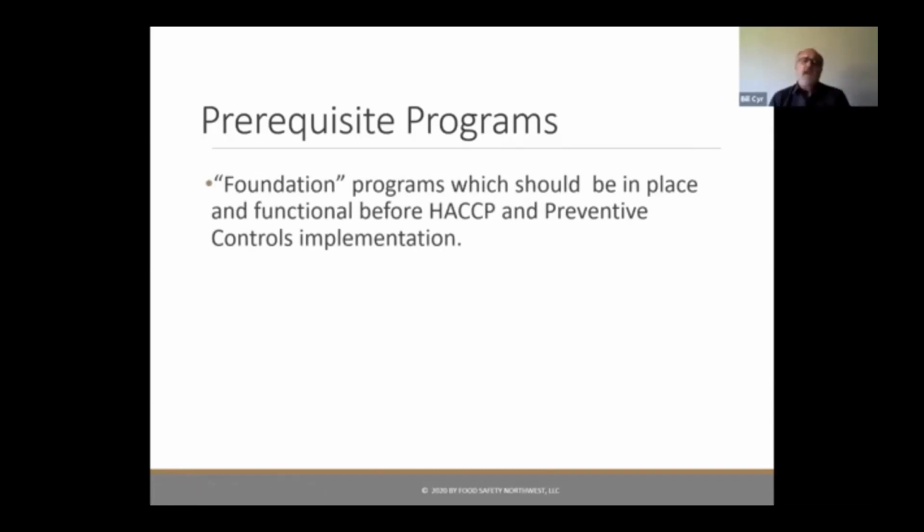So in any company, say for instance you're a primary extractor and you bring plant material, or biomass as we call it, into your facility, your foundation program is the beginning point for you as a company in building out these safety programs or measures.